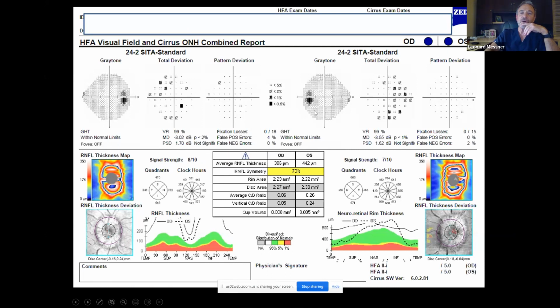This is the most common visual field that we see in the setting of elevated intracranial pressure, particularly with idiopathic intracranial hypertension. And you can see here that the nerve fiber layer is significantly thickened, close to 380 microns in the right eye, over 400 microns in the left eye.